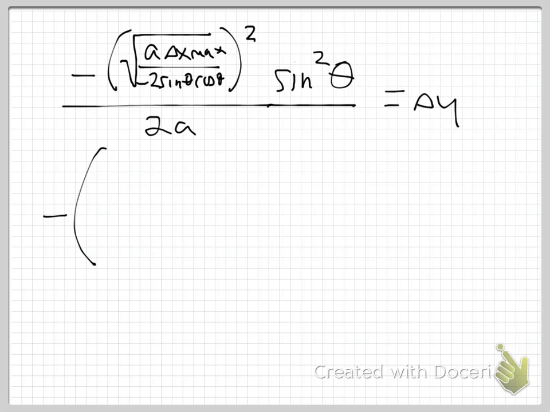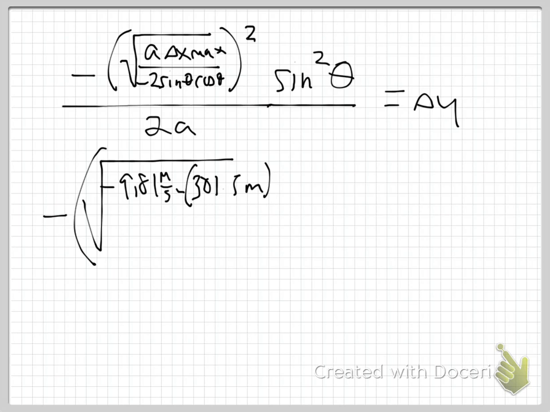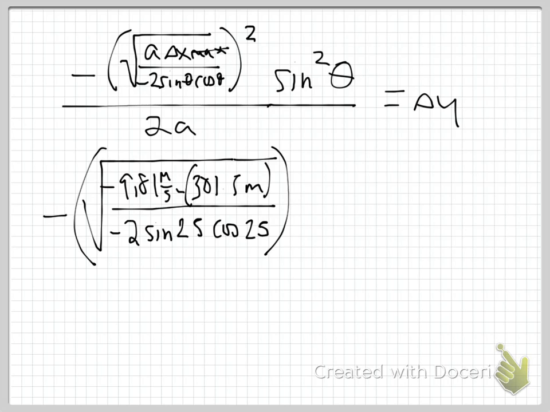Okay, so the negative of negative 9.81 meters per second squared times 301.5 meters, or that should be total, not max, sorry, divided by negative 2 sine theta, sine of 25, cosine of 25, squared, sine squared 25.